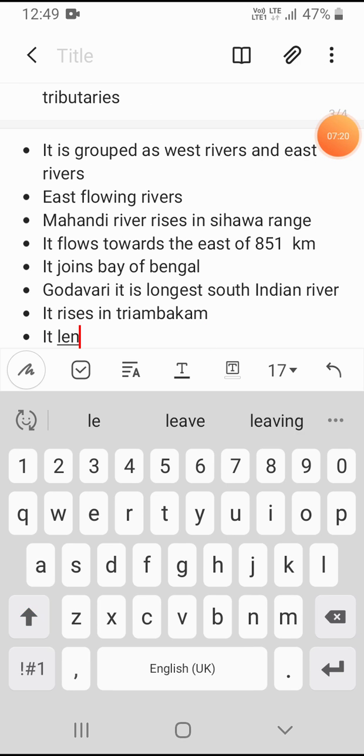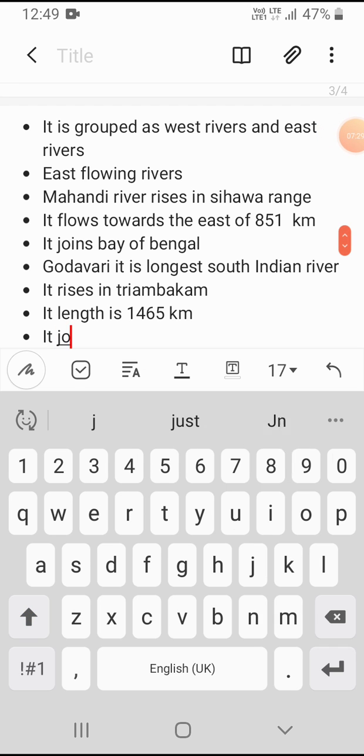Its length is 1465 kilometer, and it joins the Bay of Bengal.